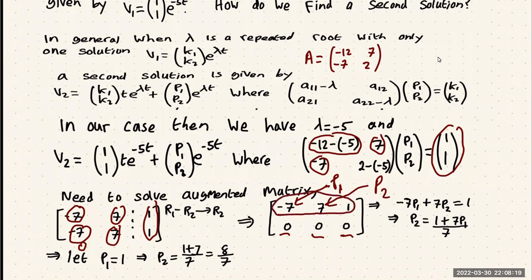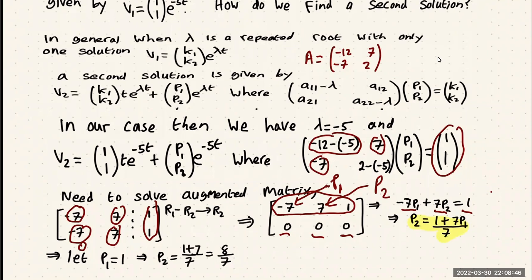So translating to an equation, let's say -7 P1 plus 7 P2 equals 1. Then you could solve this for P2. So add 7 P1 to both sides and divide by 7. And that's how I got P2 equal to this. And then P1 now is free.